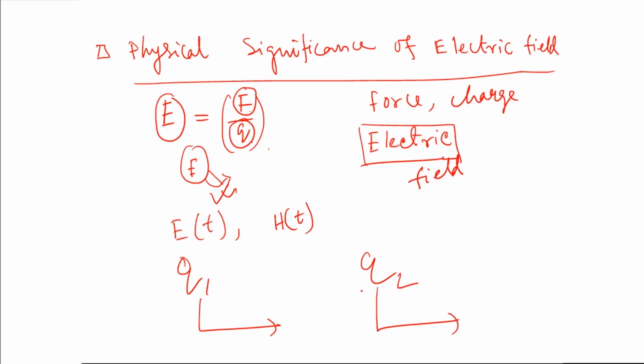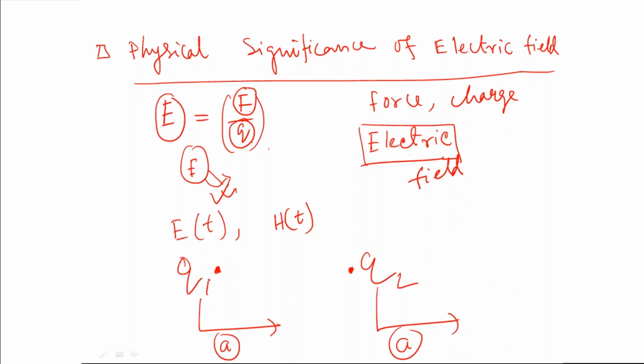If the two charges are moving together, maintaining a constant distance, both of them having a uniform acceleration, they will experience a force, right? But they are moving, isn't it?